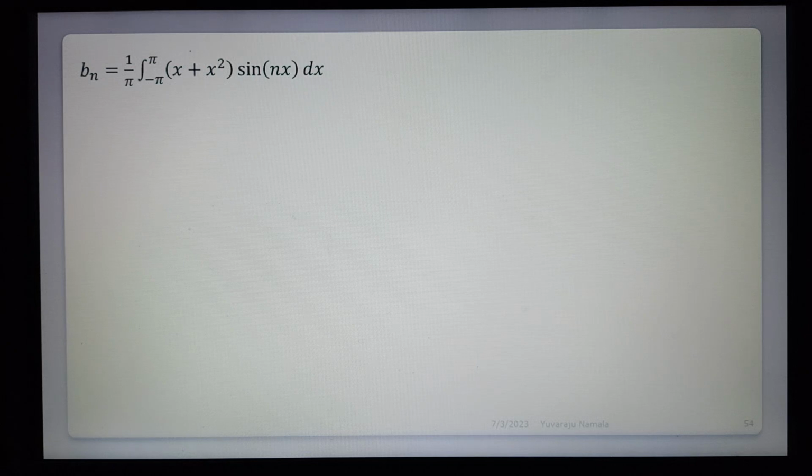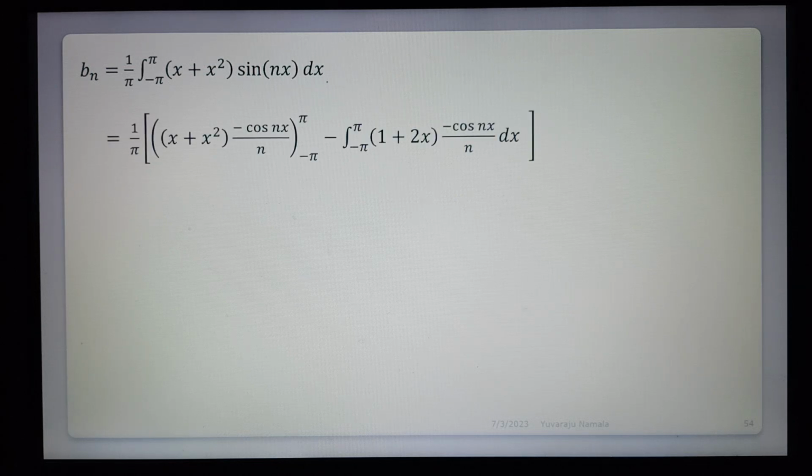bn is equal to 1 by 5 into integration from minus 5 to 5 of x plus x square into sin nx dx. That is equal to the same procedure, the u into v method: x plus x square into the integration of sin, which is minus cos nx by n, from minus 5 to 5, minus the derivative 1 plus 2x, integration from minus 5 to 5 of minus cos nx by n dx.